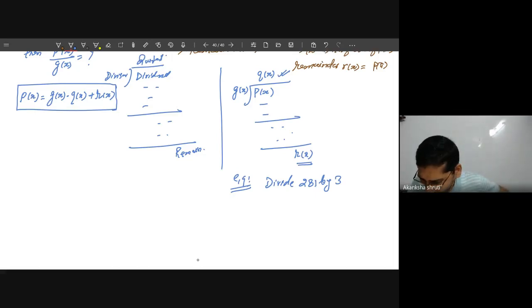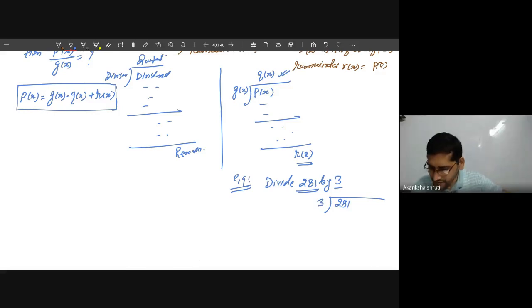The bigger number can be divided by a smaller number, so 281 is written like this, and it is to be divided by 3.